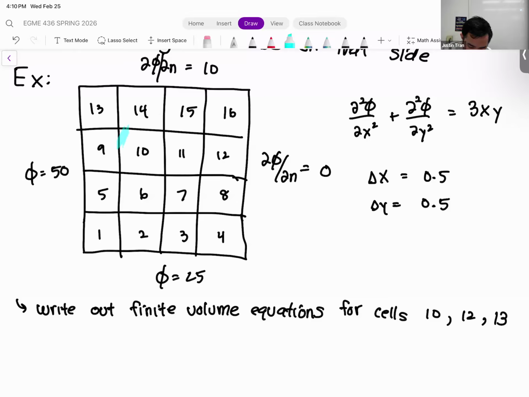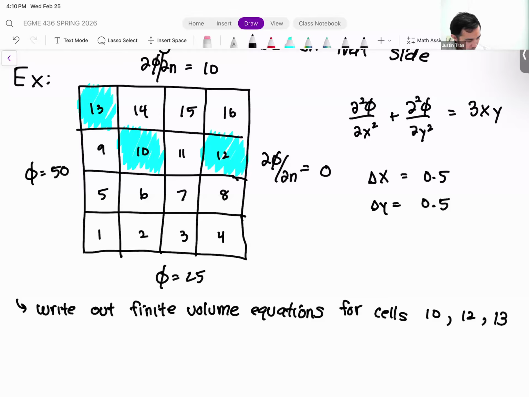So we're going to do these three cells: 10, 12, and 13. That gives us a pretty good mix: we have one interior cell, one cell that has a boundary condition on one edge, and one corner cell. I think the last thing we talked about last time was how to deal with corner cells, so you're going to see that here.